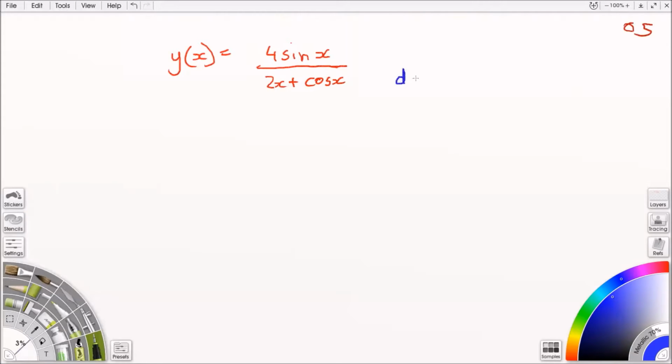And that rule is the derivative of f of x over g of x. I'm going to try to remember this off the top of my head and then check it just beside me here after.